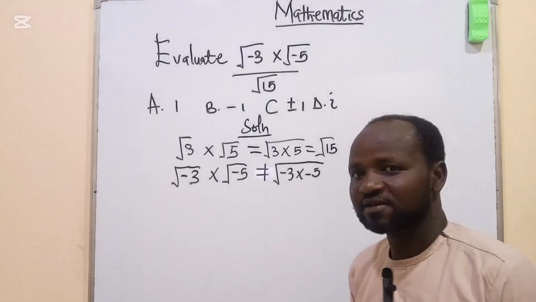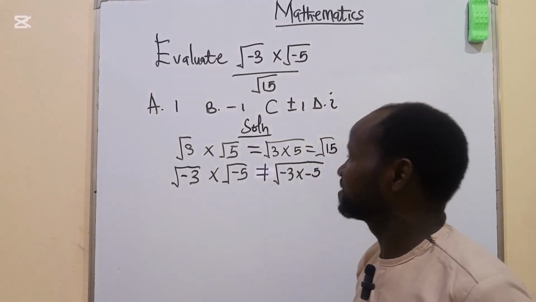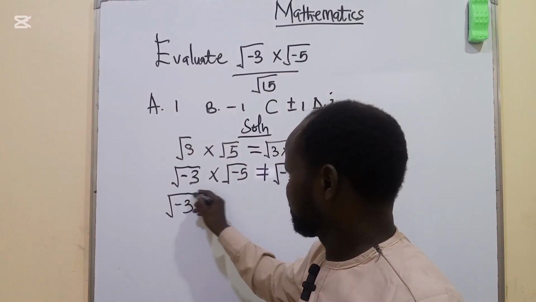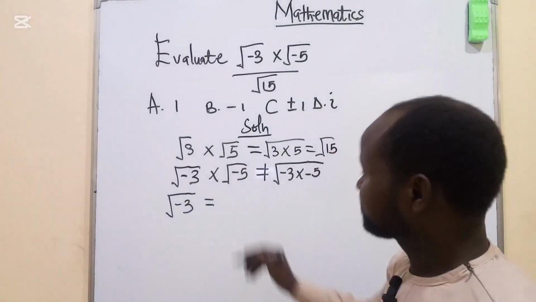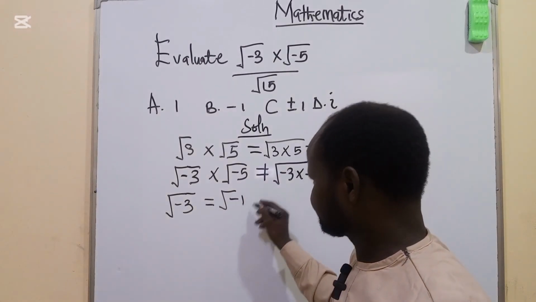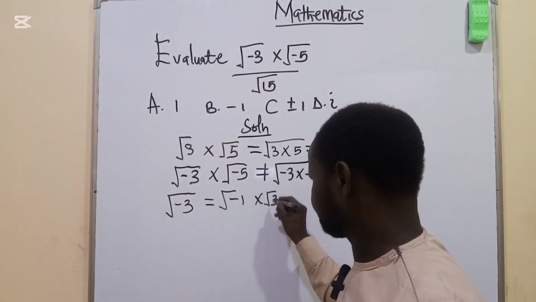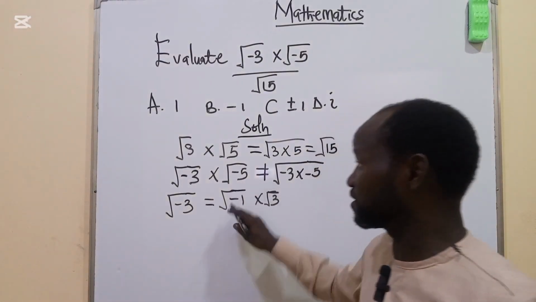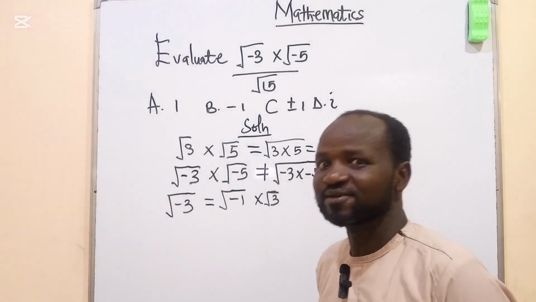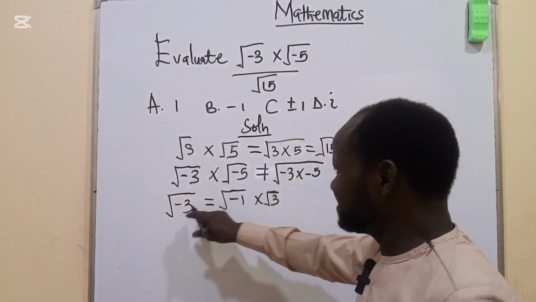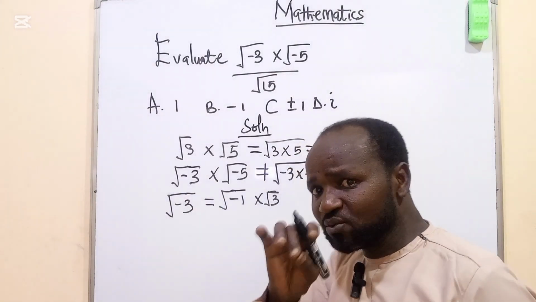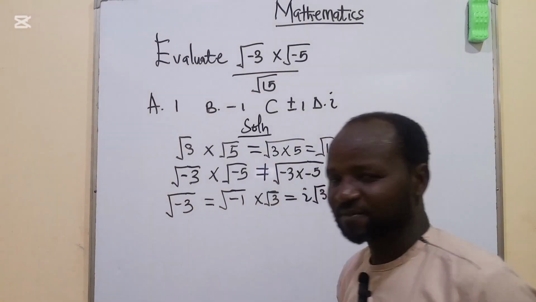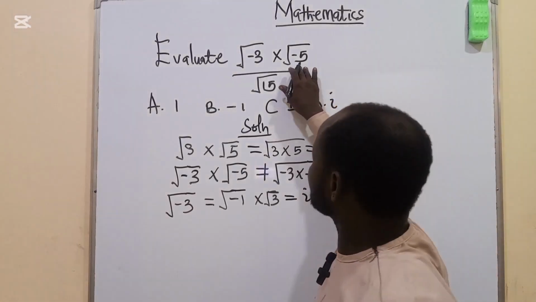So if that's the case, how then can we analyze this? Recall that if we have root minus 3, we can write this as root minus 1 times root 3. Very important. And root minus 1 under complex numbers, because there is no real solution to root minus 1, is nothing but i. So root minus 3 is the same thing as i multiplied by root 3. Then what about root minus 5?